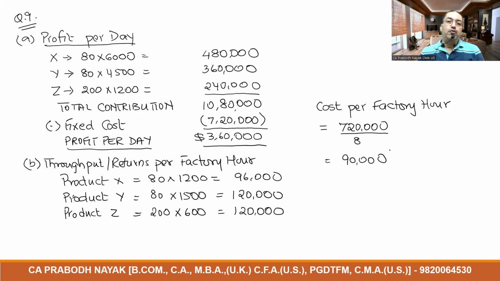So how to calculate the throughput accounting ratio? Throughput per factory hour divided by cost per factory hour. So 96,000 divided by 90,000, 1,20,000 divided by 90,000, 1,20,000 divided by 90,000. That is how we calculate the TA ratio. So let us do that.